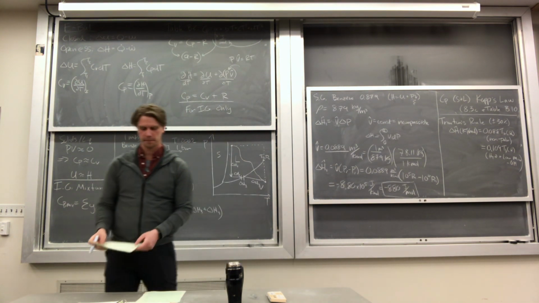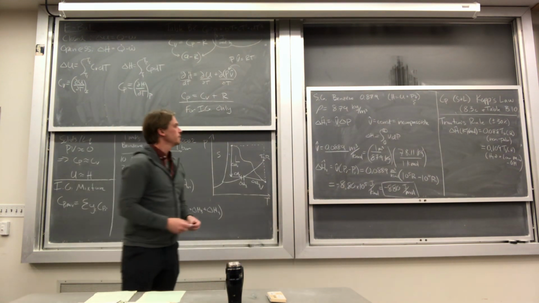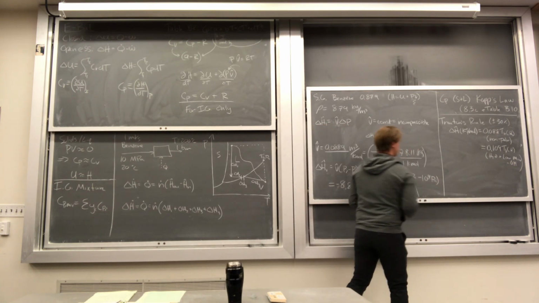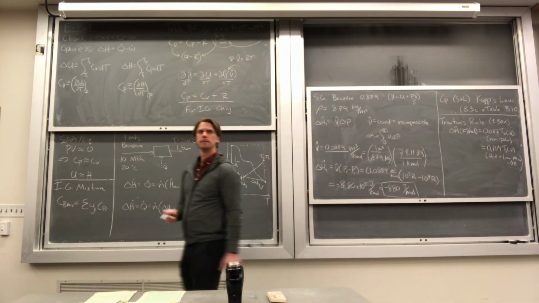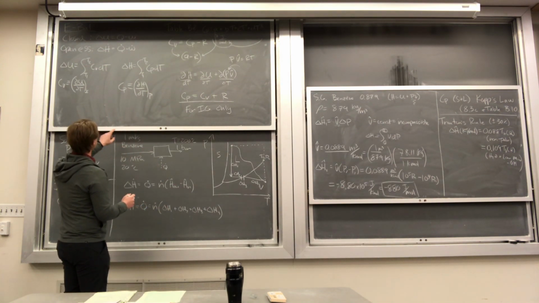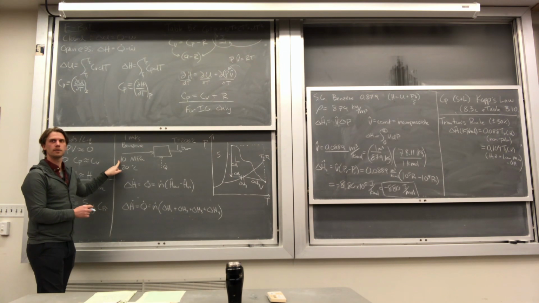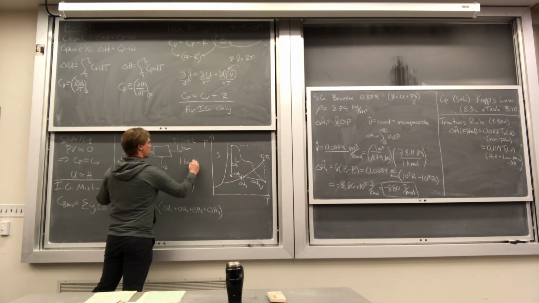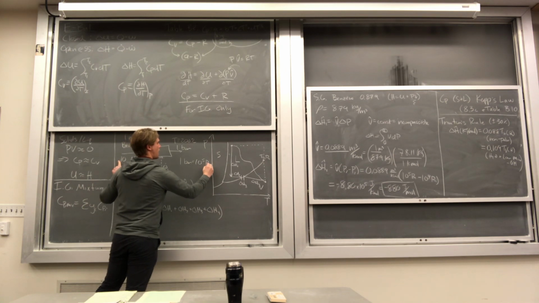Yes? I was just a bit behind in writing. It's 10 to the 5 Pa minus 10 to the what? 7. Where did you get the 10 to the 7 from again? So that is from here, 10 megapascals. So 1 bar is 10 to the 5 pascals.